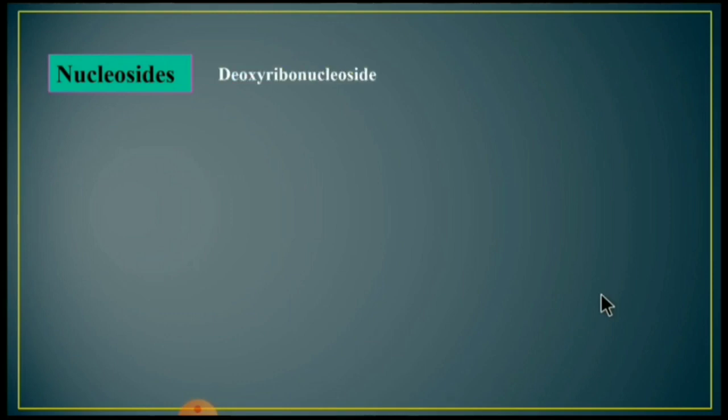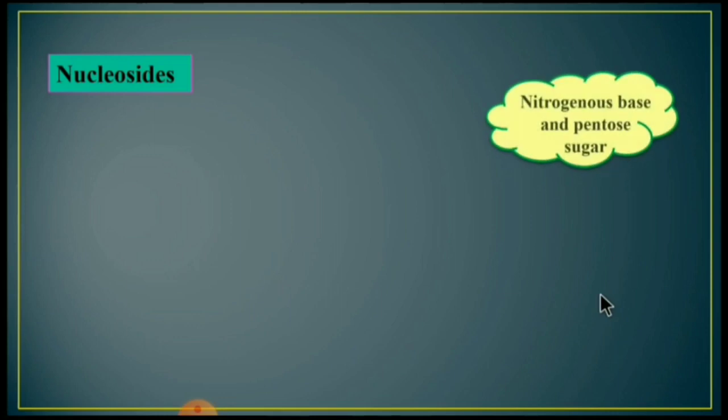When nitrogen bases combine with pentose sugar, they form a nucleoside. We already know that in case of DNA the bases are adenine, guanine, cytosine and thymine. All these four nitrogen bases combine with pentose sugar, which in case of DNA is deoxyribose sugar, to form the respective nucleosides. That means 4 deoxyribonucleosides are formed.